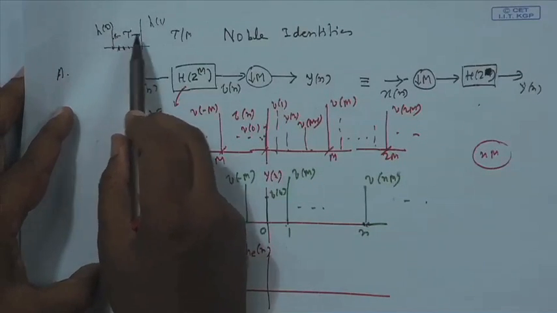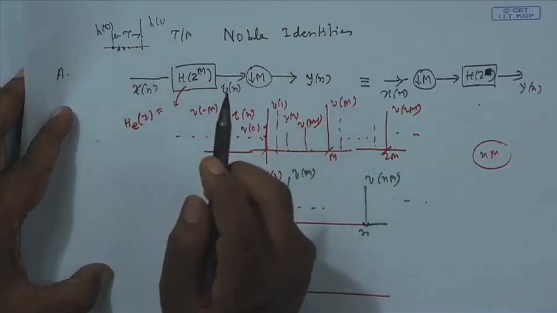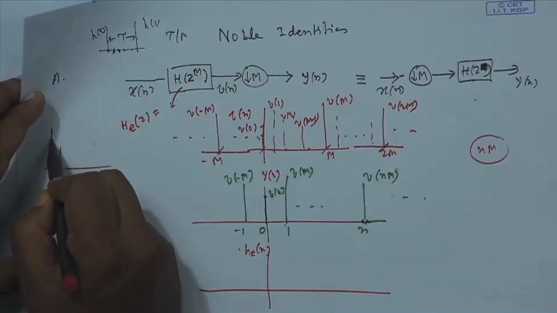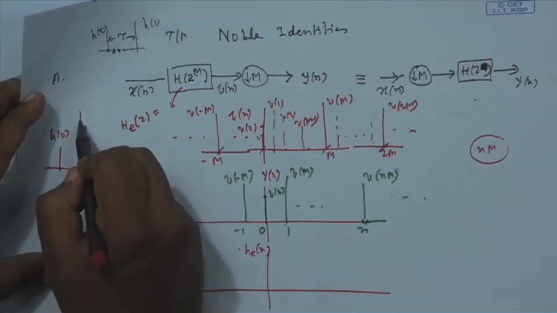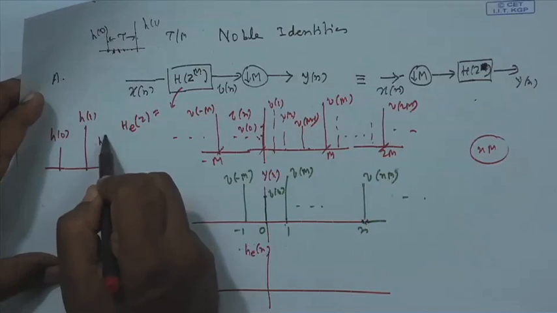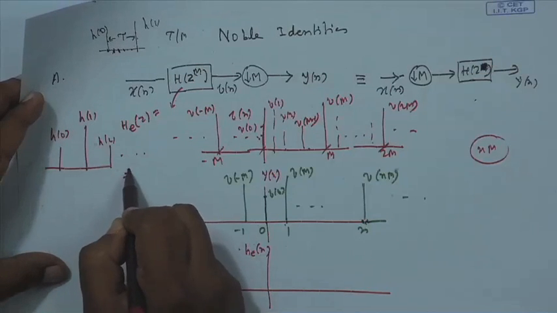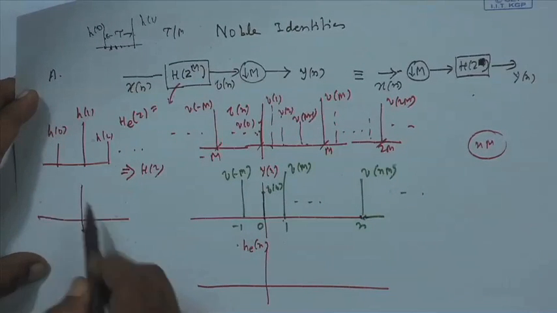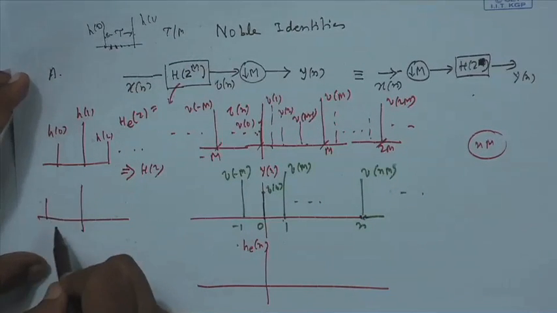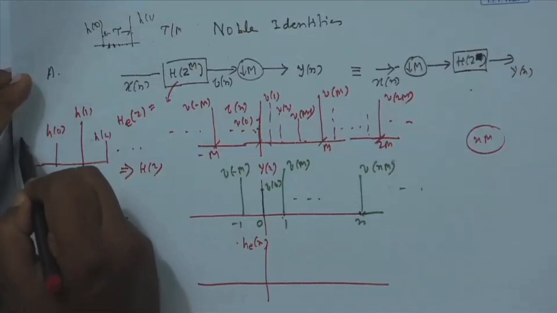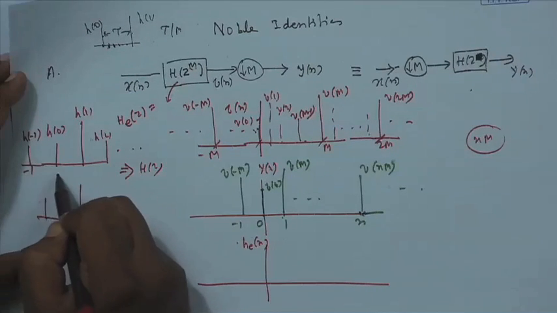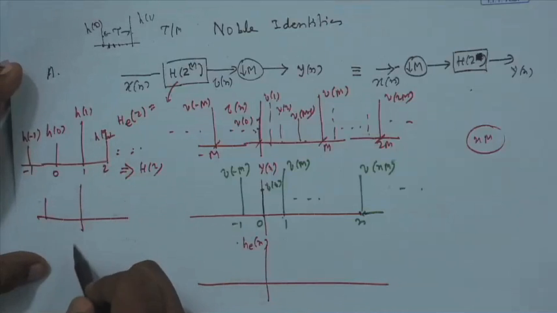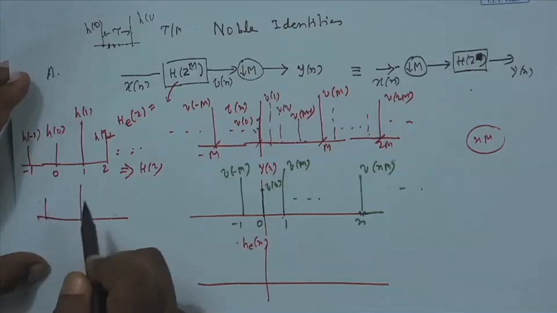Originally there was an h[n]: h[0], h[1], h[2], and so on. It has a z transform, capital H(z). Now, we expanded it here. You have, say, h[-1], and you expand it.